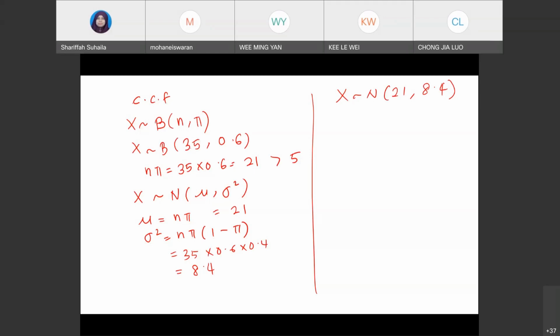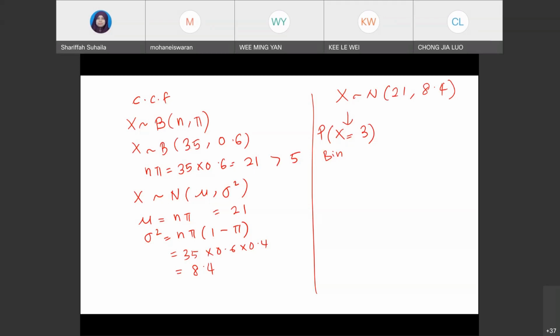Again, let's say you want to find an exact value, for example X equals to 3. For a discrete value, in the original question, this is your X. Your X here is binomial, because the starting question we give you is a binomial problem.